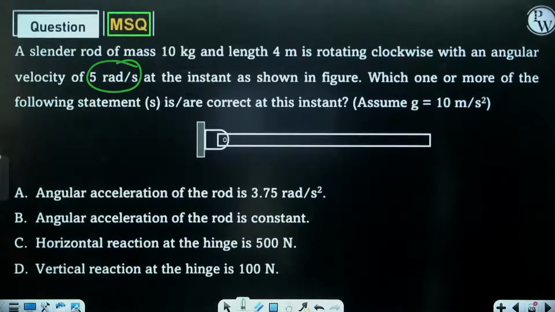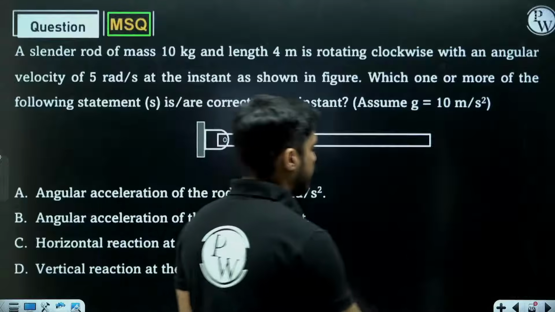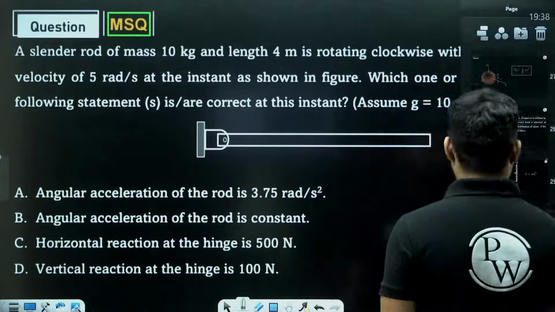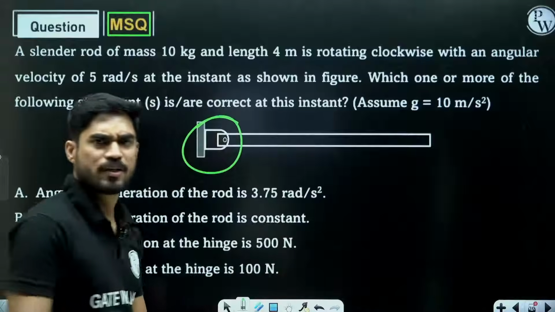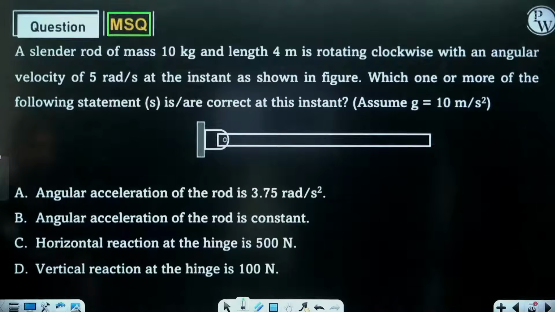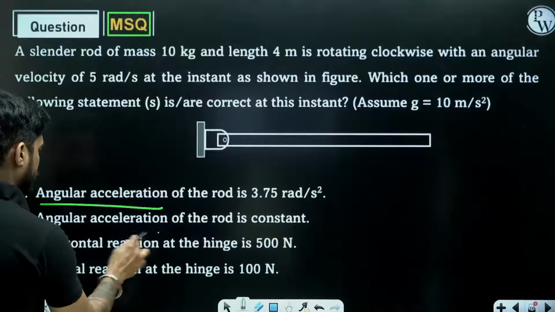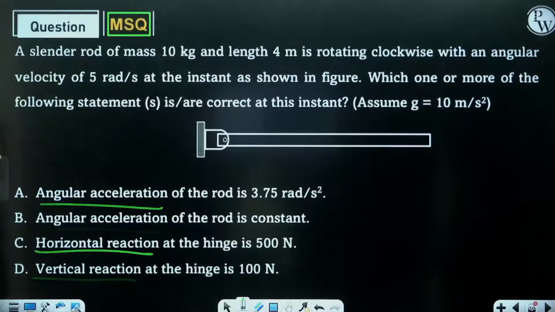Which one or more of the following statements is or are correct at this instant? See what they are saying. A slender rod is rotating about this hinge. So it's a question of pure rotational motion, and now you need to find out angular acceleration, horizontal reaction and vertical reaction at the hinge.